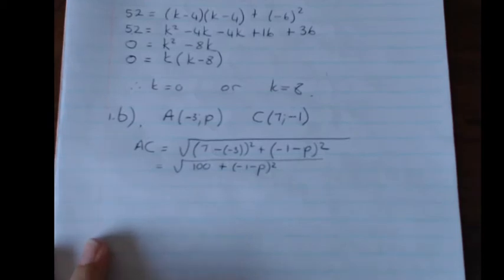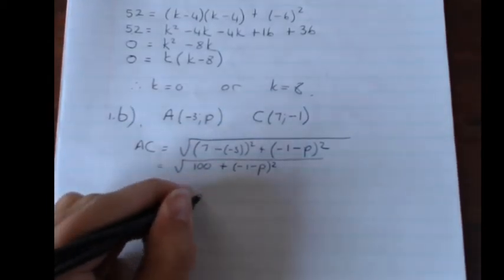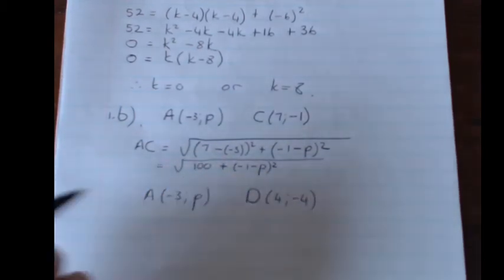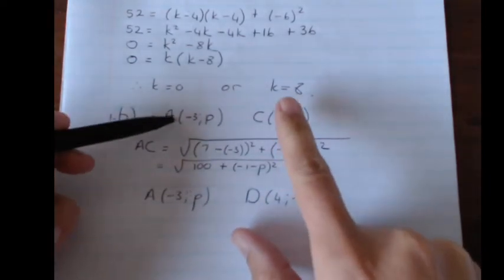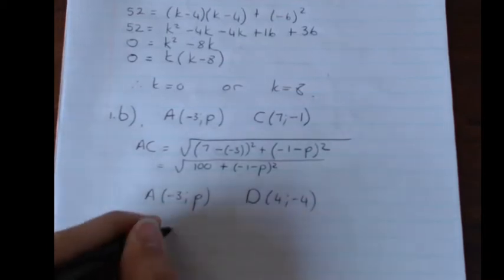Should be the same as the distance from A, which is still negative 3P, to D, which is the point 4, negative 4, because A is equidistant to C and D. You see, I'm going to work out the length of AC and I'm going to work out the length of AD.